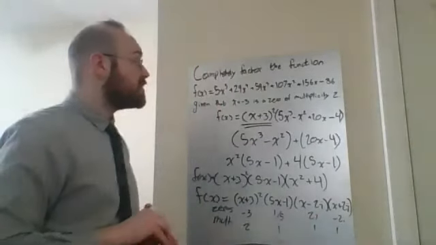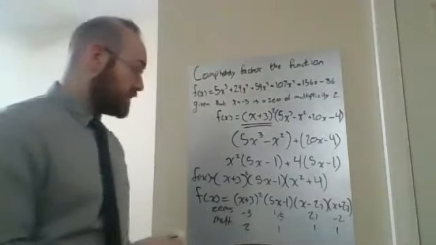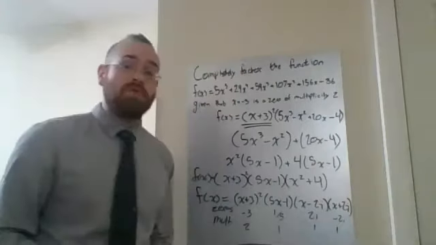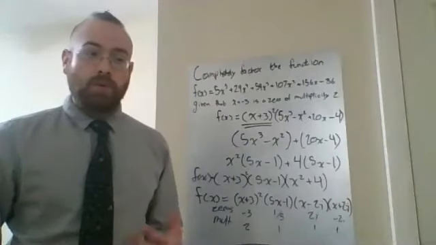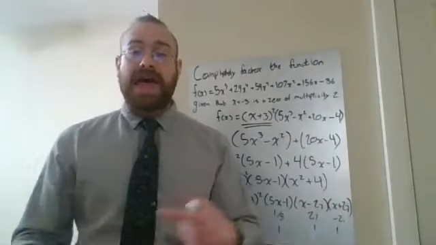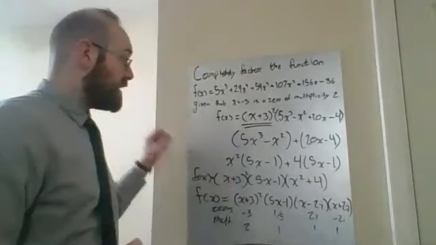Now remember that we started with a 5th degree polynomial, 5 times x to the 5th. So if we add up all these multiplicities, 2 plus 1 plus 1 plus 1, we do in fact obtain 5, once again showing us that the sum of the multiplicities of the zeros add up to the degree of the function. So this has been an example.